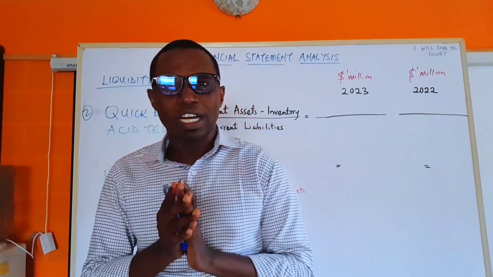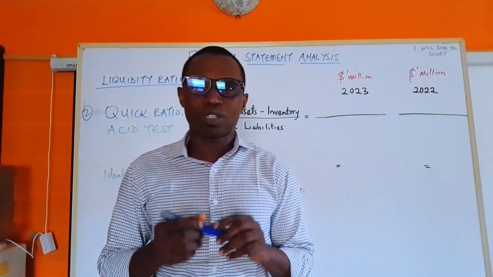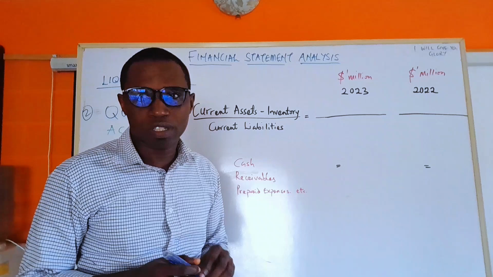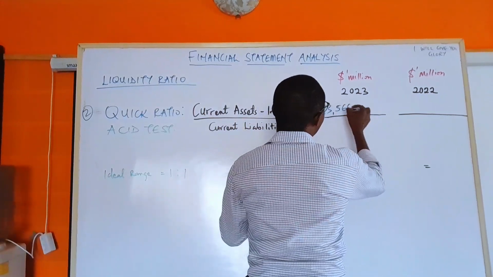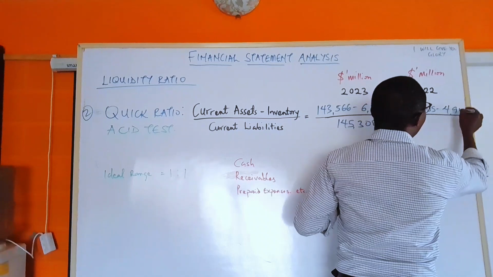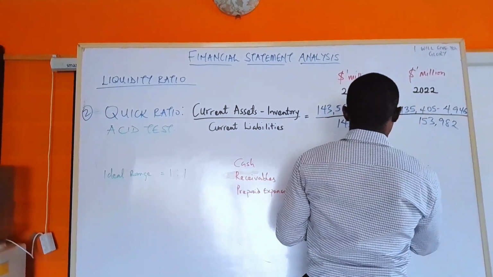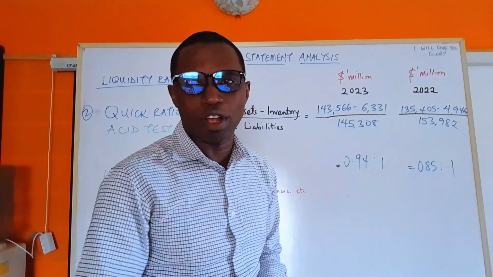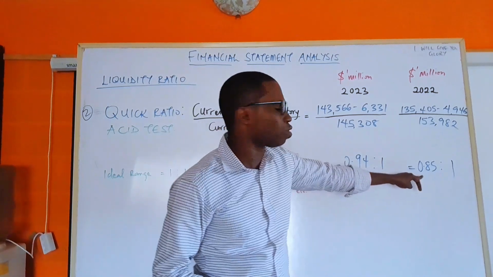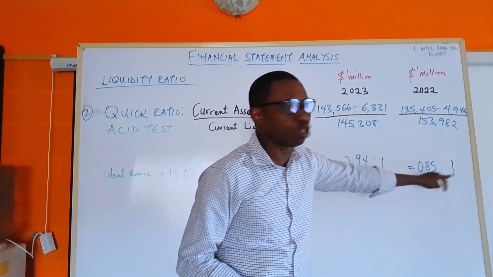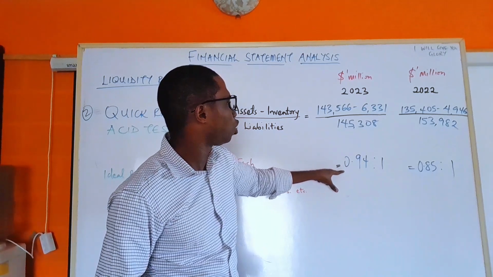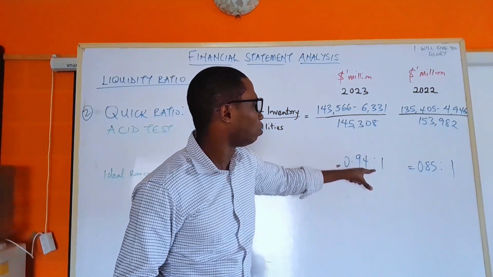So now quickly let's look at the Apple's case in 2022 and 2023. So in the case study of Apple, you can see that for 2022 it was 0.85:1, while in 2023 it's a ratio of 0.94:1.